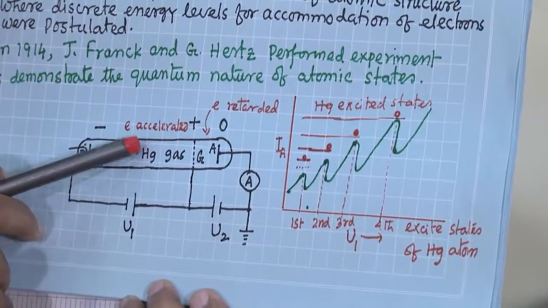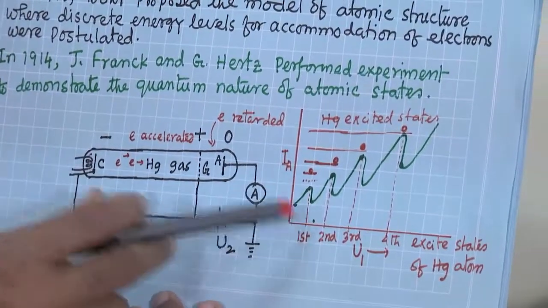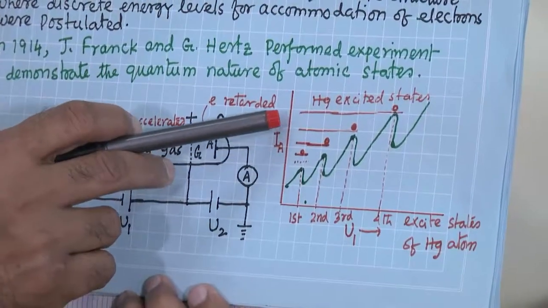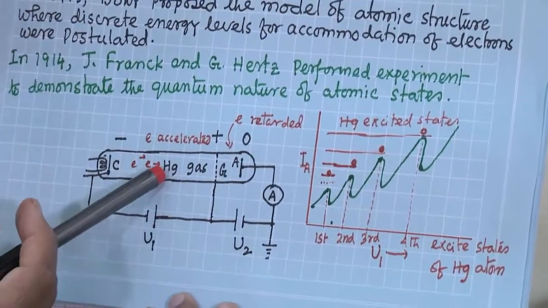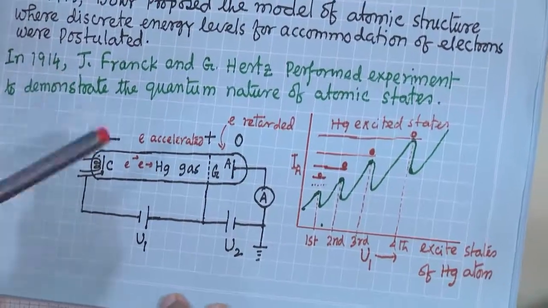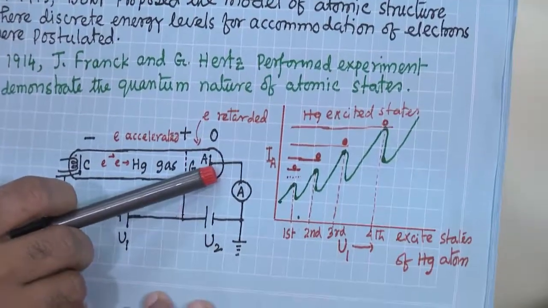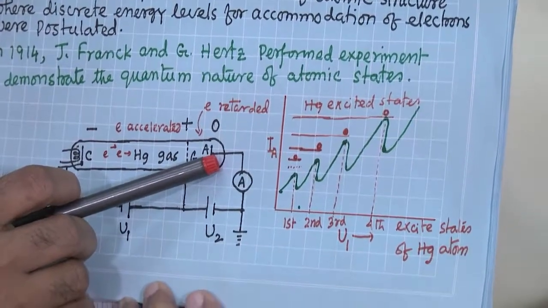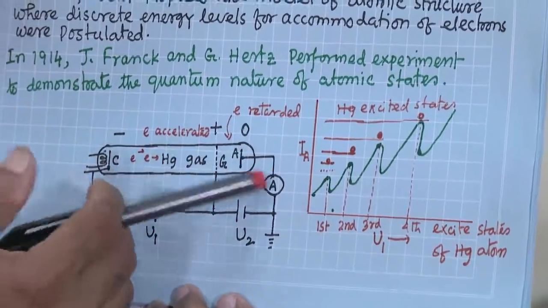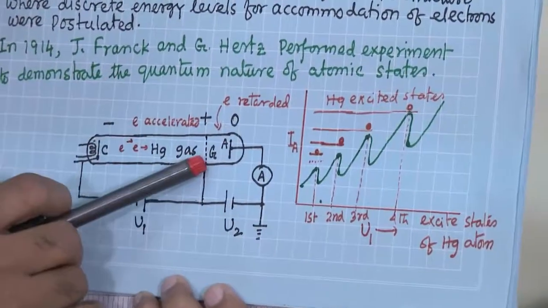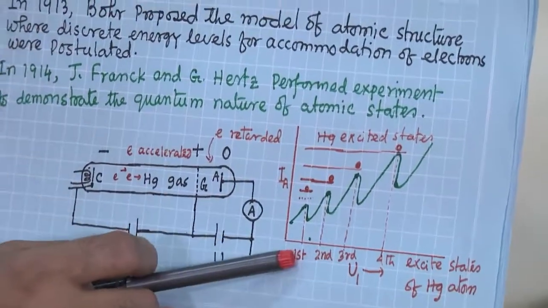But at a certain voltage we see the anode current decreasing, meaning the electron is losing energy and has no sufficient energy to reach the anode. So most of the electrons will not reach the anode at a particular voltage. This is happening because of inelastic scattering of the electrons at this particular voltage.